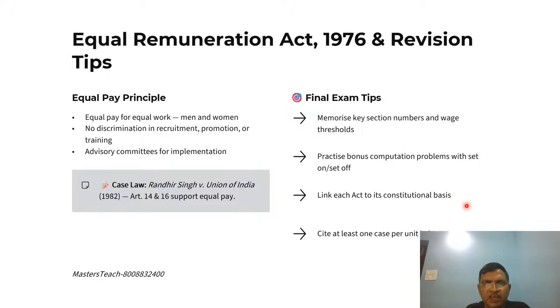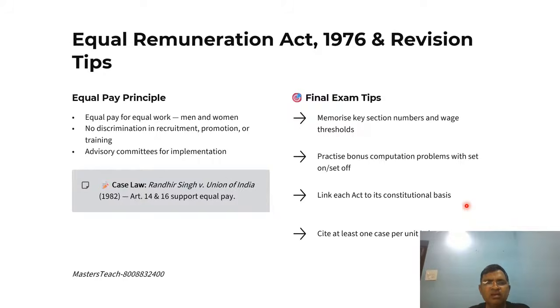Then Equal Remuneration Act 1976 and revision tips. The equal pay principle: equal pay for women and men, with no discrimination in recruitment, promotion, or training. There is an advisory committee for implementation.